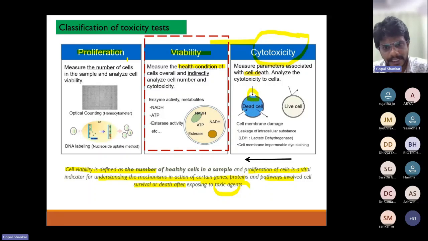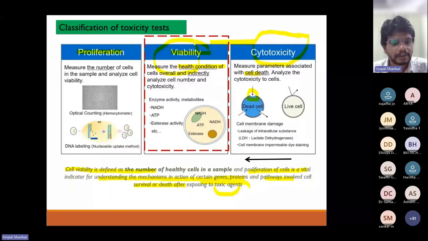Now let's take a normal cell. You treat it with the same drug. The cell should not die because it is a non-cancerous cell. Only the cancer cells should die. Or you take any material and you interact with the normal cells, the cells should survive. There should be an increase in proliferation, which directly indicates the viability of your cells.